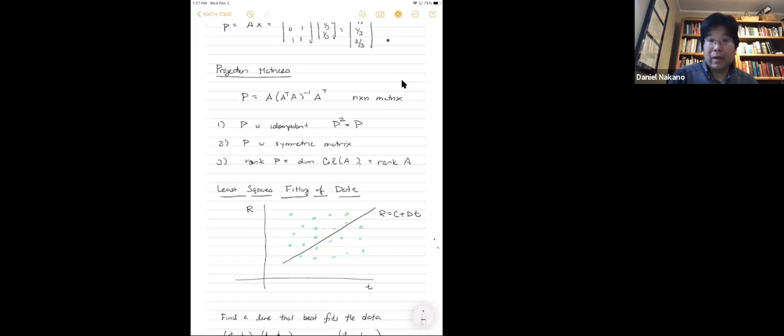It'll be 10 problems, 20 points each. So the final will be worth 200 points, which is double one of the midterms. And it makes the grade computation a lot more straightforward.